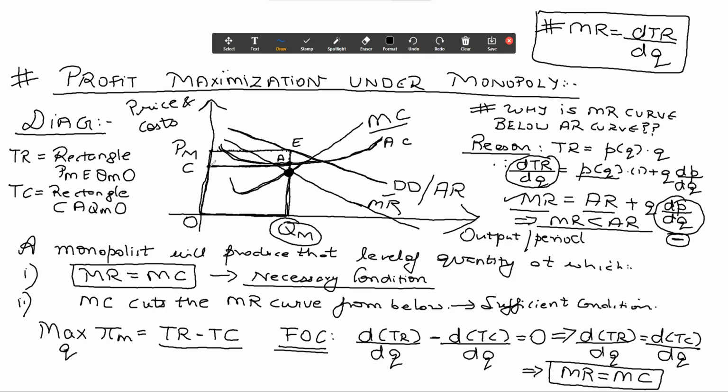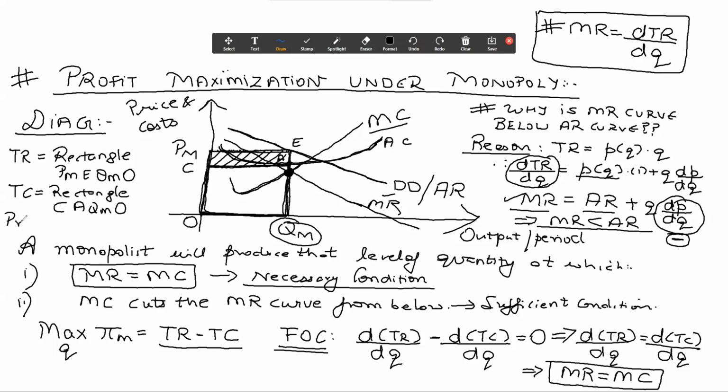So what will my profit be? Profit will be the difference between the rectangle depicting total revenue and the rectangle depicting the total cost. So my profit will be the bigger rectangle PMEQMO minus the smaller rectangle CAQMO. So this is my profit.